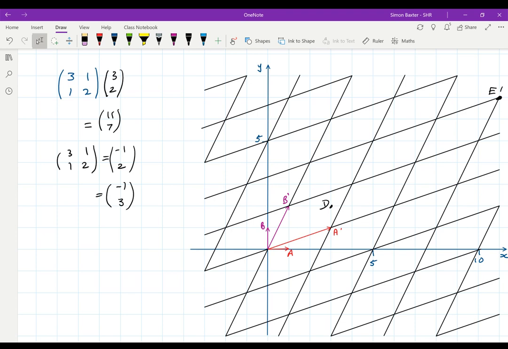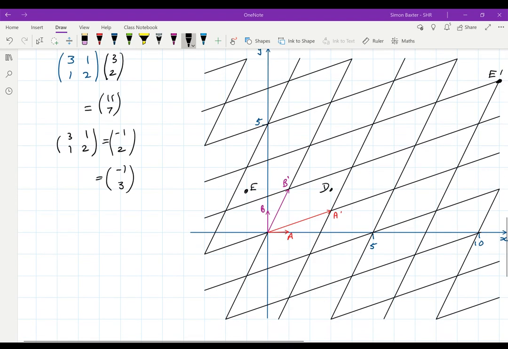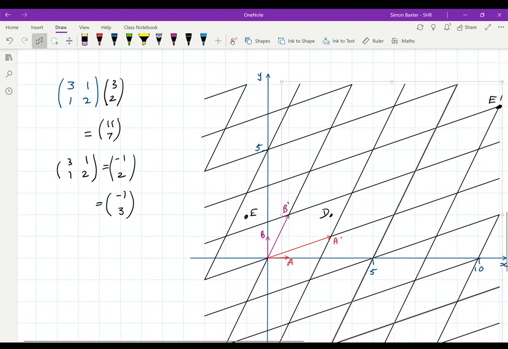So I'm starting with the point (-1, 2), and it's finishing on the point (-1, 3). Before the transformation, we look at the square grid, (-1, 2). After the transformation, we look at the parallelogram grid: -1 of the red A, plus 2 of the purple B.